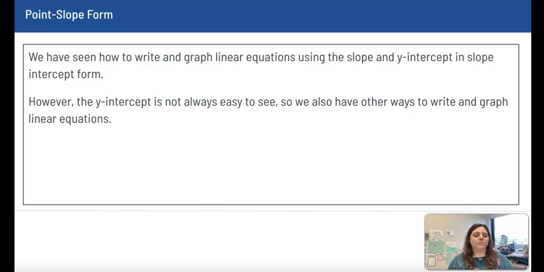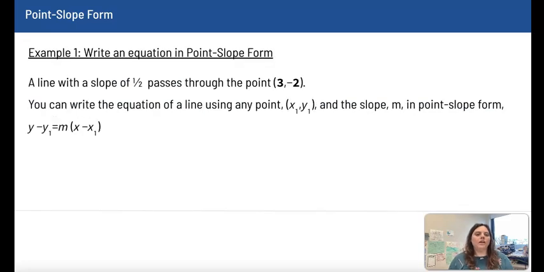Again, we have seen how to write and graph linear equations using the slope and the y-intercept in slope-intercept form. However, the y-intercept is not always easy to see, so we need to have other ways to write and graph linear equations. Our first example is just the basic point-slope form. If I have the slope of a line and a point on that line, I use what is called point-slope form.